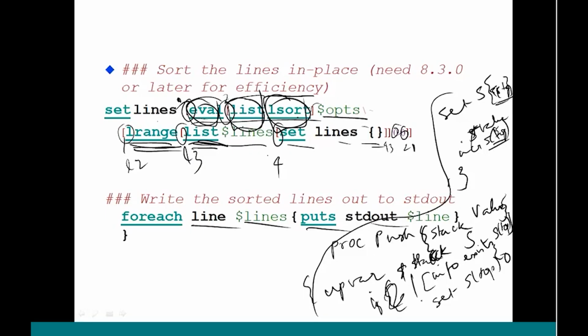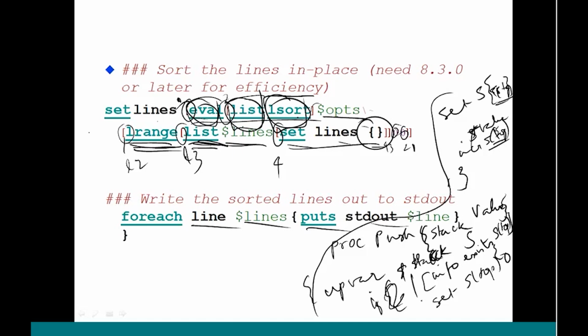Here we convert the lines into the list, and the initial lines is set to nothing, null.